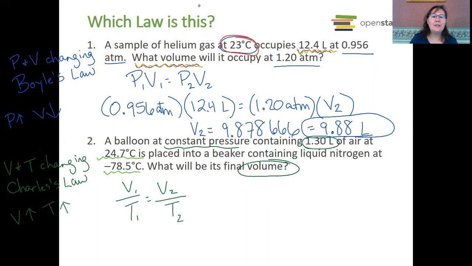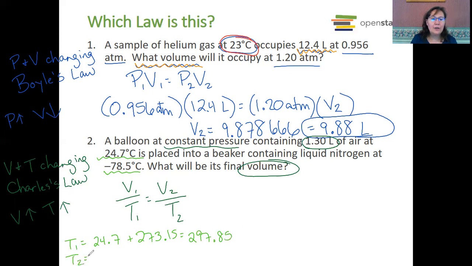All right, now before I do anything else, the most important thing here is that I have to convert my temperatures. So my T1 is equal to 24.7 degrees Celsius, and I have to add 273.15 to it to get my kelvins. So I have 24.7 plus 273.15, and my T1 is equal to 297.85.